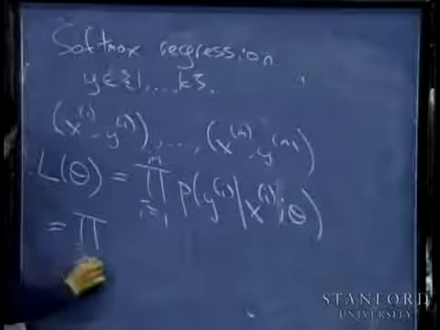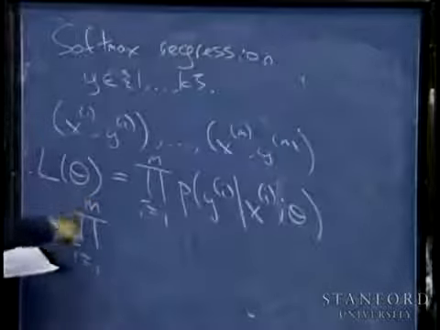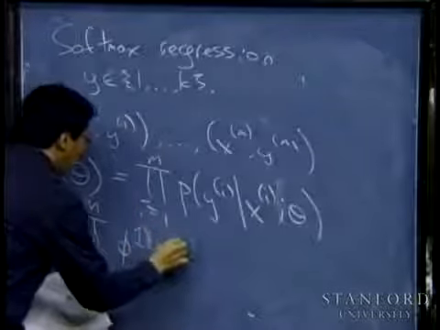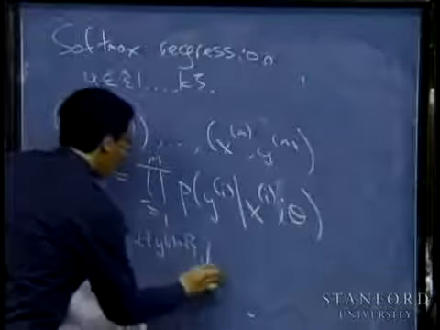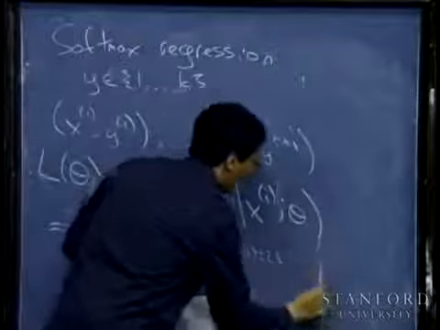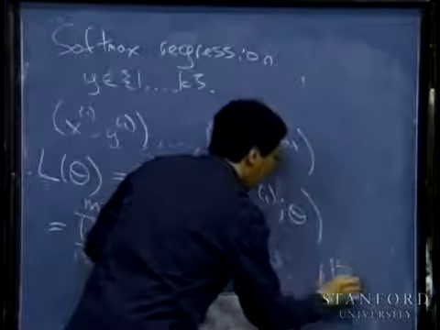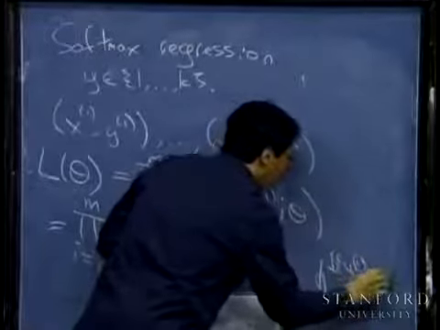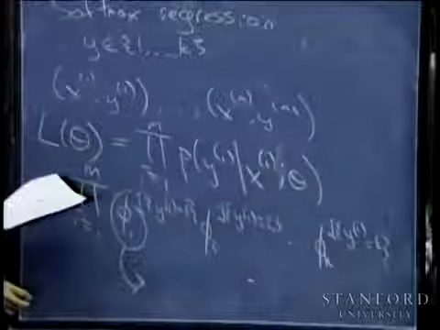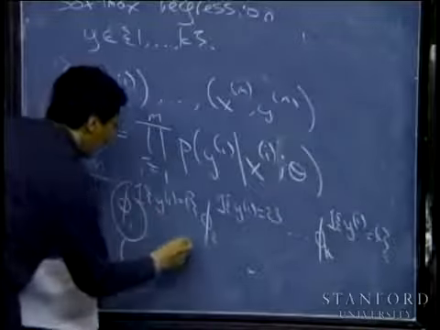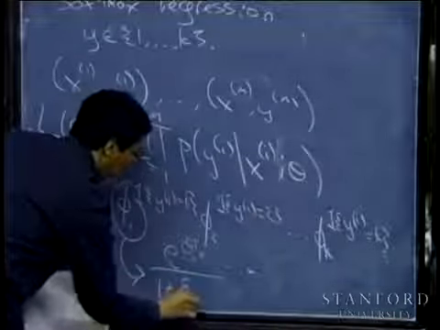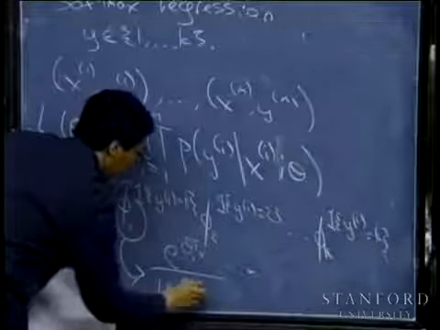And that's the product over your training set of phi 1 to the indicator yi equals 1, times phi 2 to the indicator yi equals 2, dot dot dot, up to phi k to the indicator yi equals k, where, for example, phi 1 depends on theta through this formula: e to the theta 1 transpose x over 1 plus the sum over j, well, that formula I had just now.